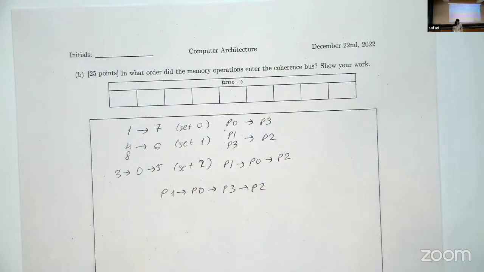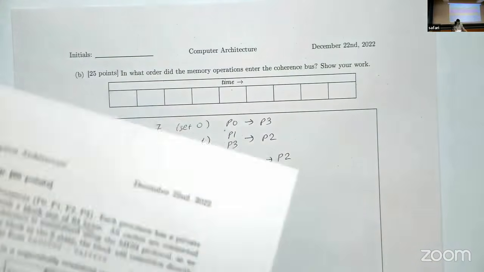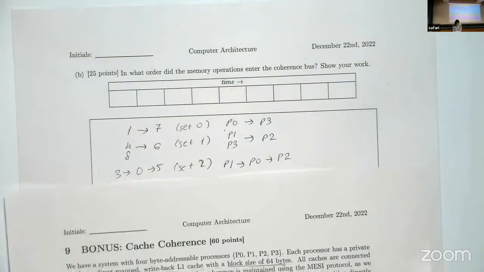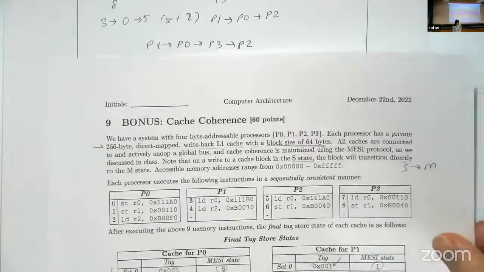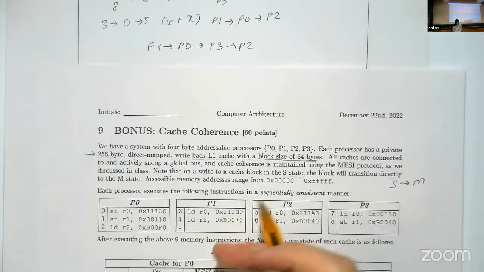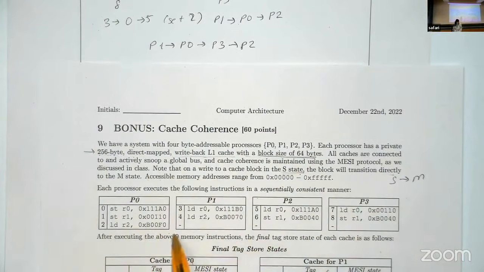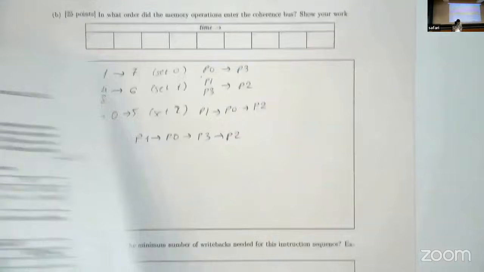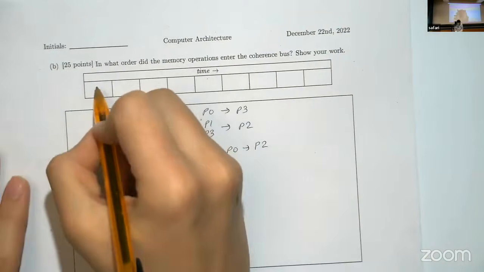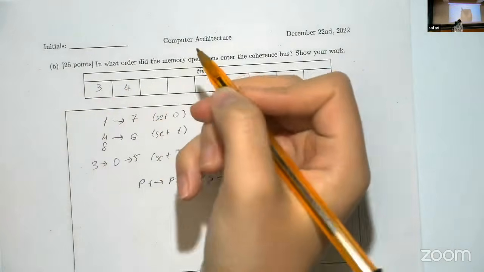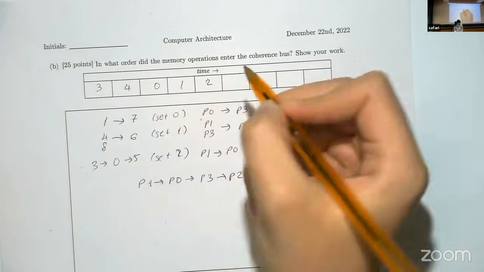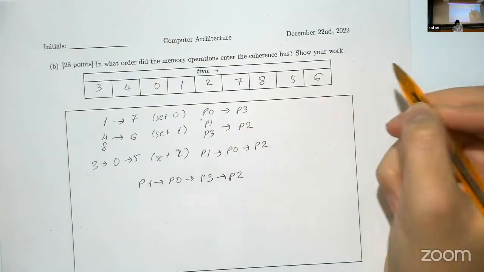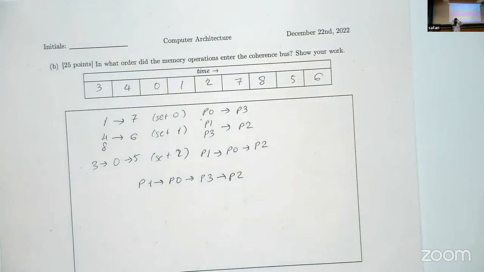Basically, you can just write the instructions in order based on this. One of the correct answers should be 1, 2, 3, 7, 8, 5, 6. Okay.